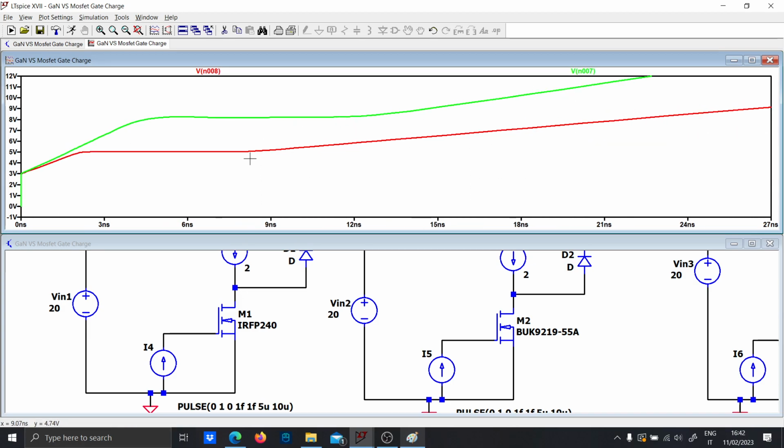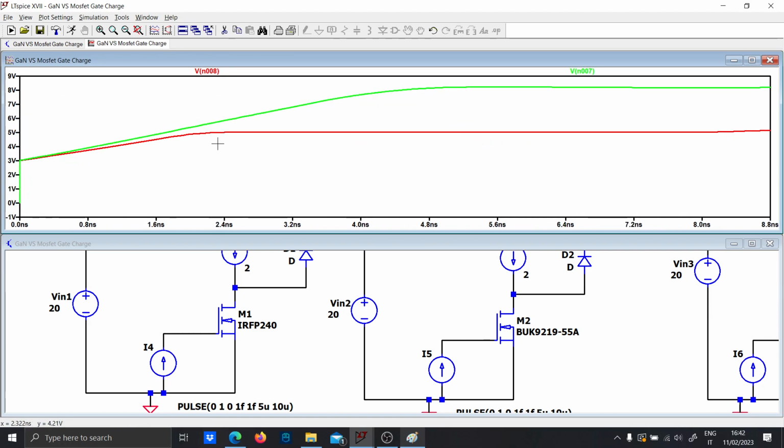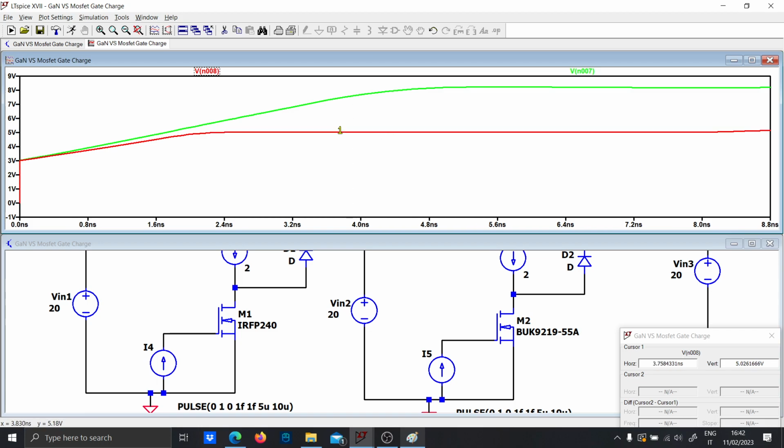Now, if I'm zooming it right, it is rising very fast towards the turn on of the transistor, and then you have the plateau voltage, more or less 2-3 volts higher than the threshold voltage, or even higher. As you can see, this is a typical waveform of the gate charge.